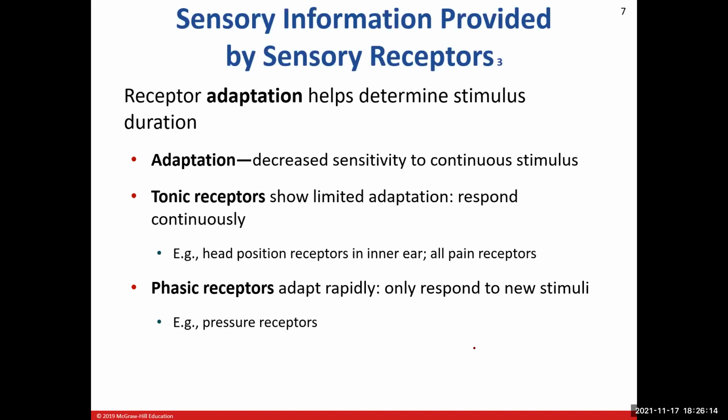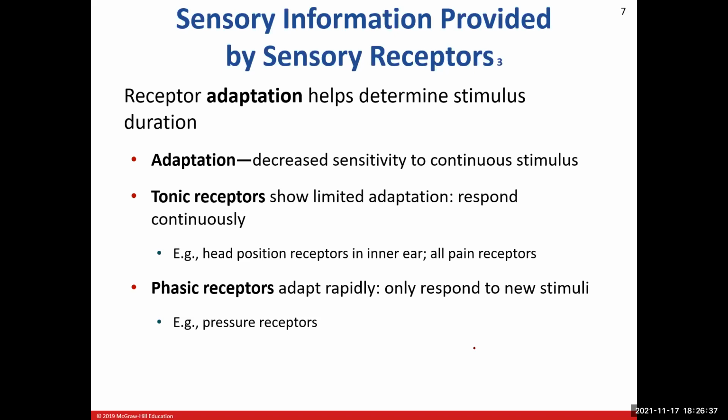But as the day goes on, or maybe even after a couple minutes when you put your shoes on and you're walking around and you're dressed, you might not notice the tightness of that sock. And that has to do with the receptors in the skin that are covered by the sock adapting to that pressure from that tight sock.